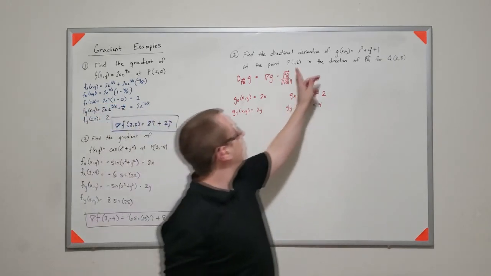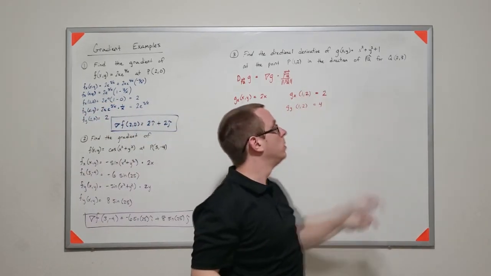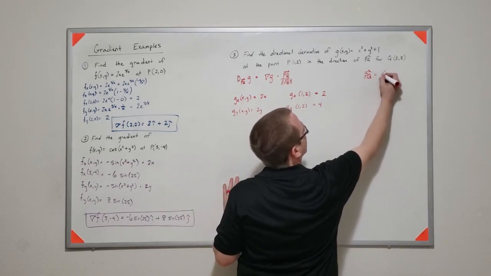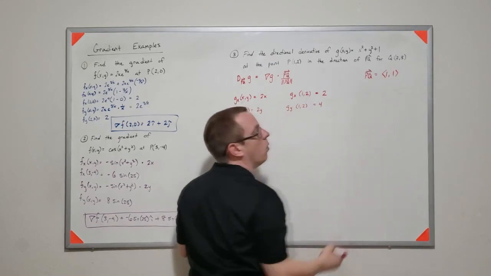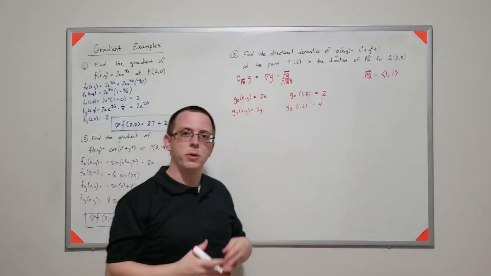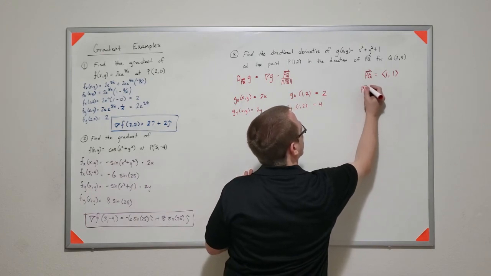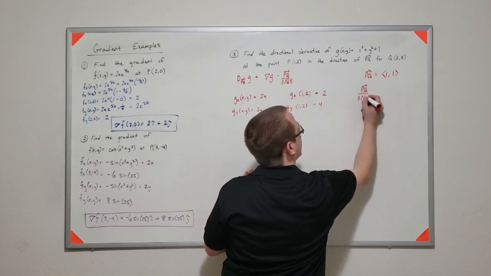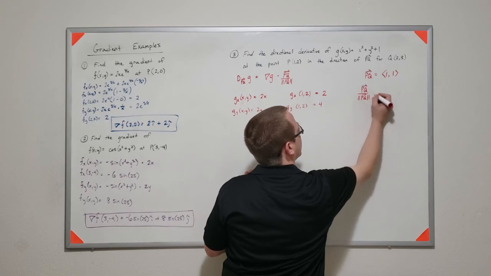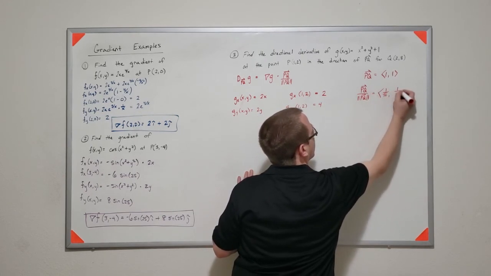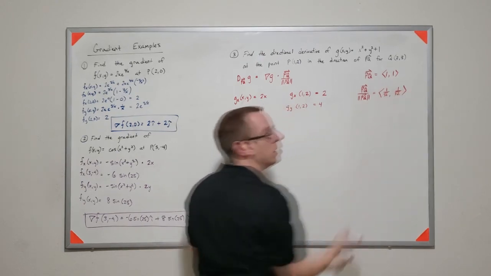Now we're going from here to here. So that tells me that PQ is 1, 1. And the magnitude of that is square root of 2. So the unit vector looks like that.